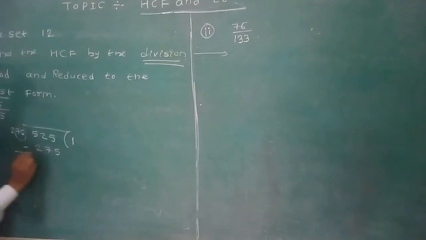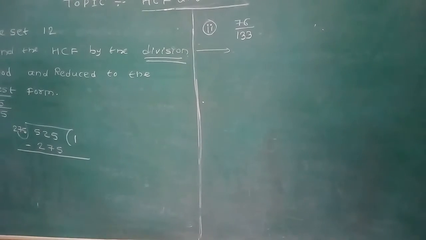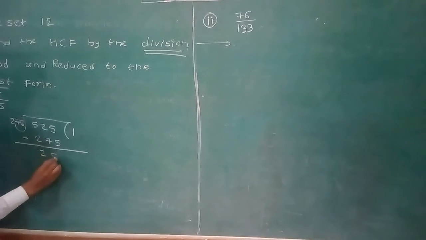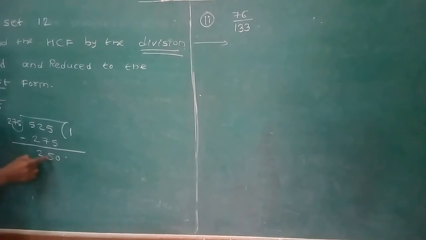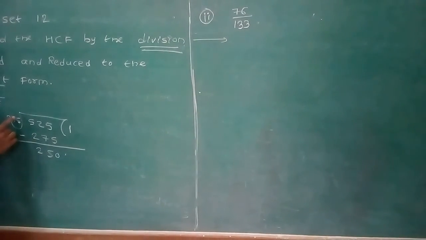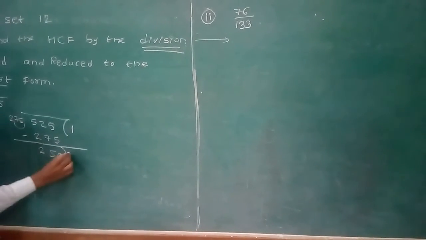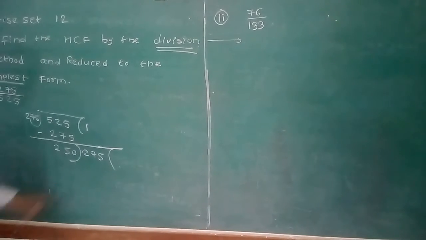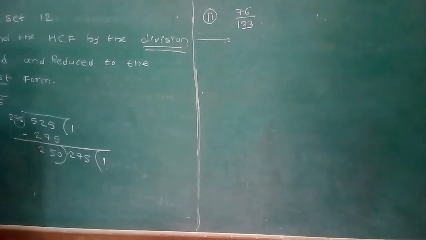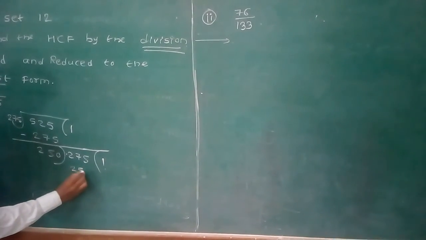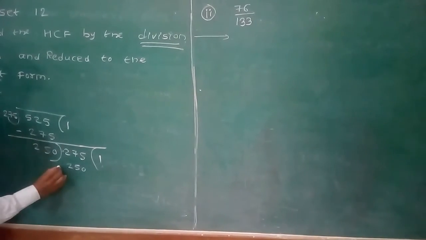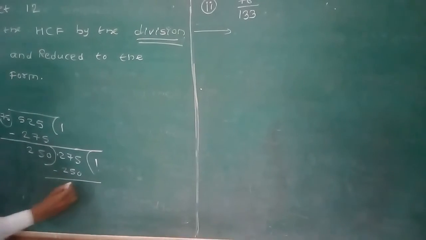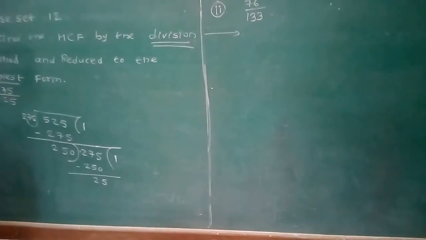By subtraction we get 250. In these two numbers, the smaller number is 250 and the bigger number is 275. Dividing 275 by 250, we get quotient 1 here, and here we get 250. By subtraction we get 25.